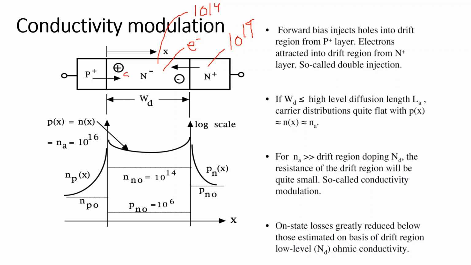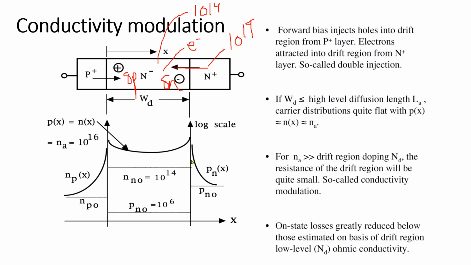So if delta p is high, what will happen? They will attract electrons from the n plus region. So almost equal number of electrons will be injected from n plus to the n minus region.